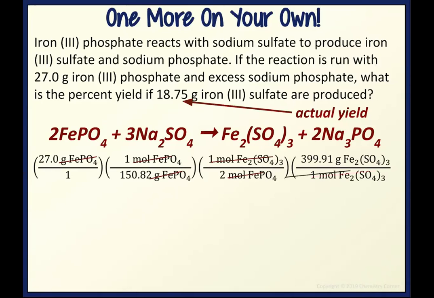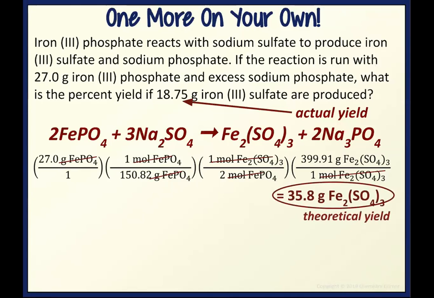If you do not know where they come from, you need to send me a message so that I can explain it to you. If it is moles to grams, the moles is 1 and the grams comes from the periodic table. If it's moles to moles, the numbers are from the coefficients of the balanced equation. Here's grams to moles, so 1 for the moles, and this 399.91 comes from the periodic table. Do these calculations and you get 35.8 grams.